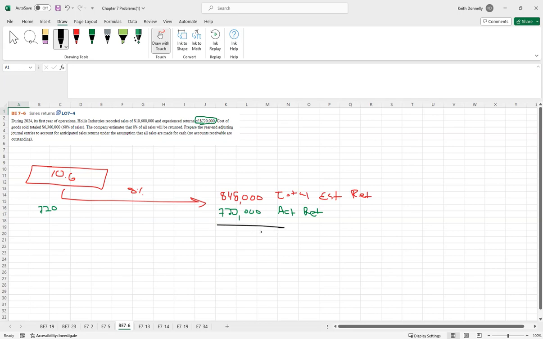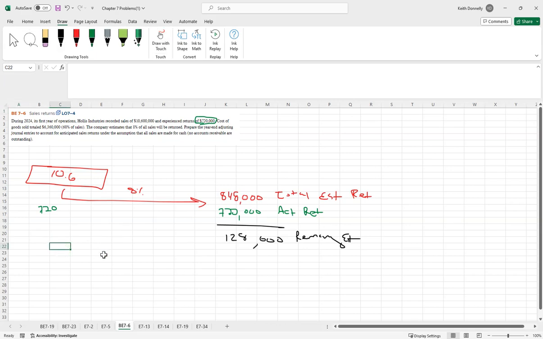The difference on those is going to be 128,000. So these are essentially our remaining estimated returns. When we made this estimate, yes, some of that could happen in the current year, but some of that may happen in the later year. How do we deal with this?